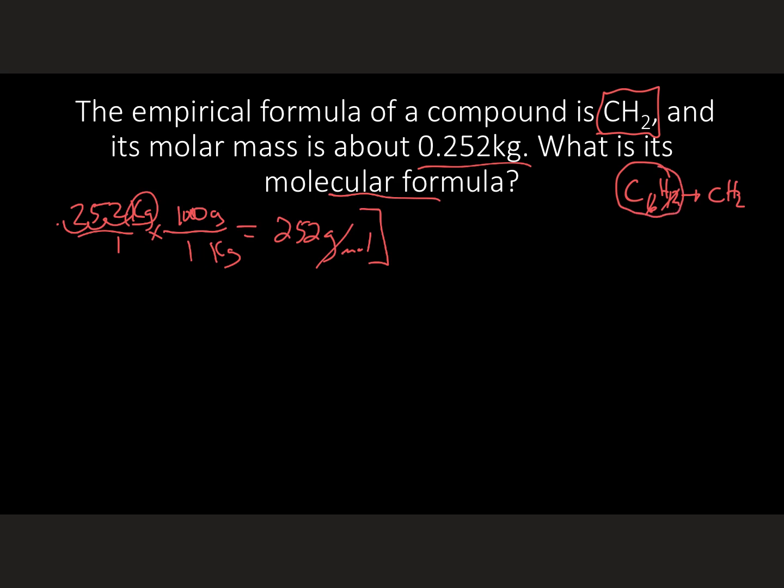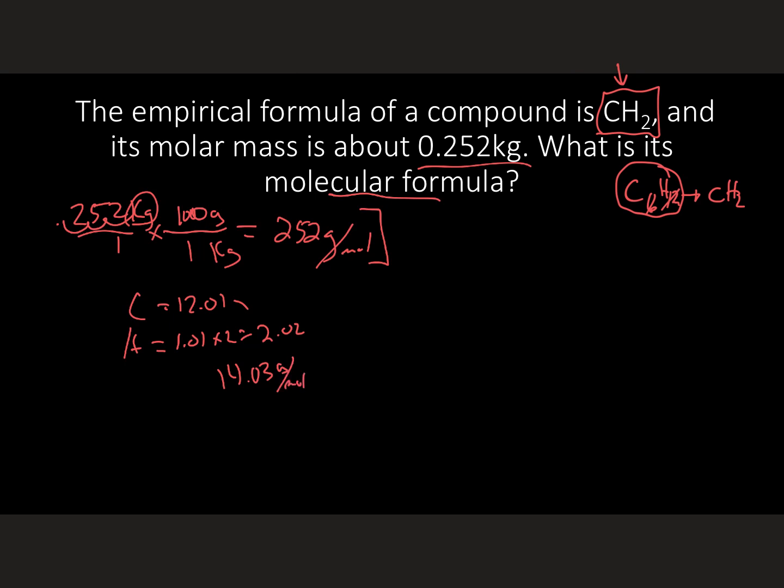We're kind of working backwards in this case. So we have the reduced form. So let's see. C is 12.01. H is 1.01. We have 2 in this case, right? So you're going to get 2.02. So when we add these up, we're going to get 14.03 grams per mole.